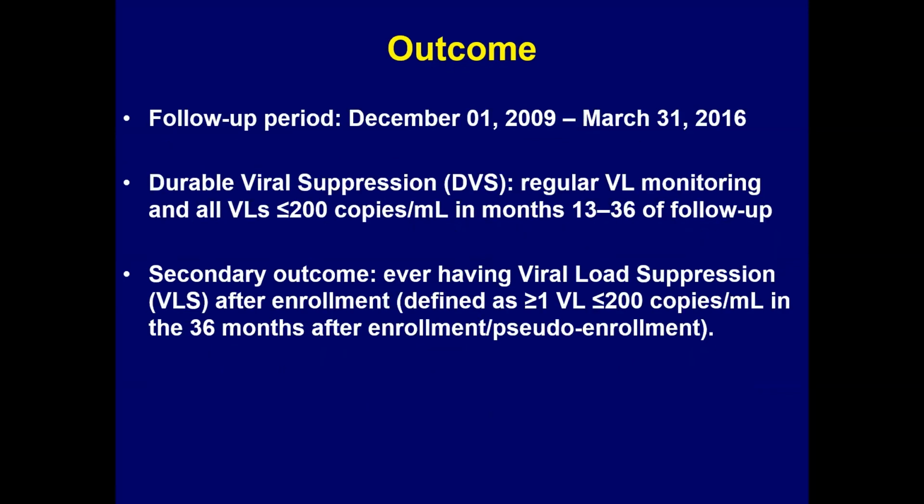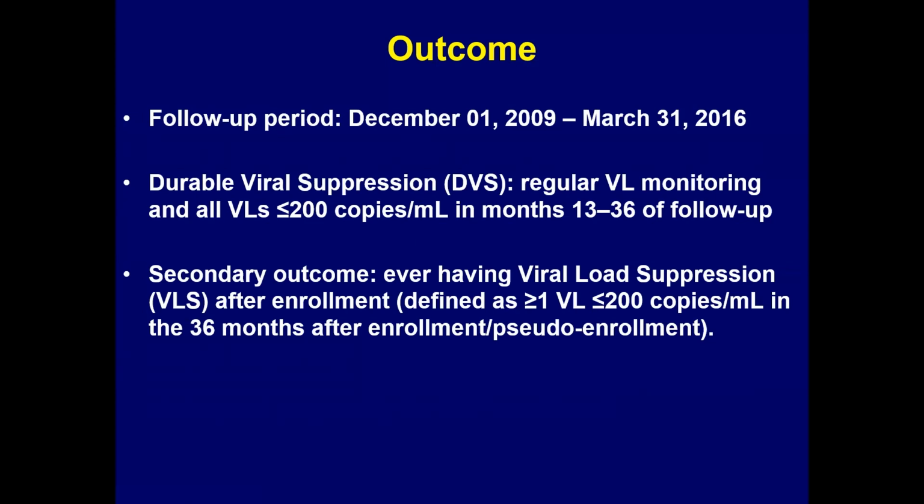The outcome of this study was defined as follows. Firstly, the follow-up period is between December 1st, 2009 and March 31st, 2016. Durable viral suppression was defined as regular viral load monitoring, with all viral loads less than 200 copies per milliliter in months 13 to 36 of follow-up.